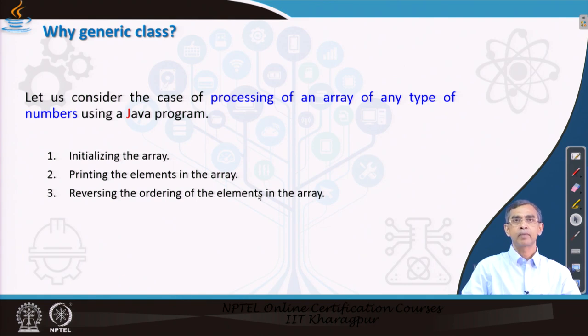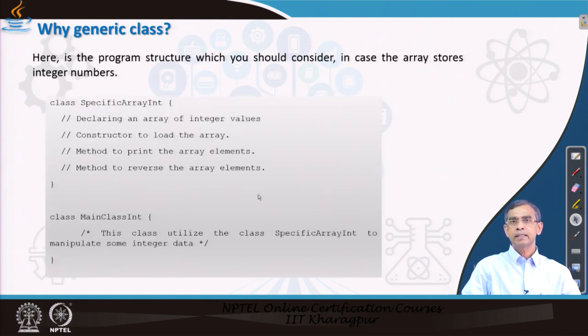This is basically the structure of the program that you should have, and in this case we are only considering that the elements should be stored in the array as integers. So, we can write a program, and the name of the class for example can be SpecificArrayInt.